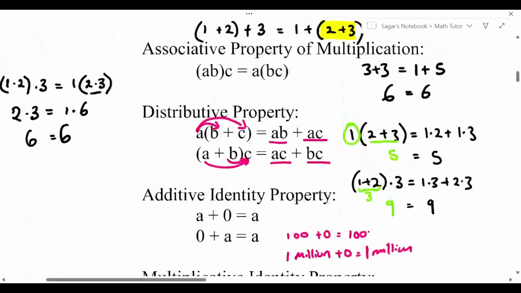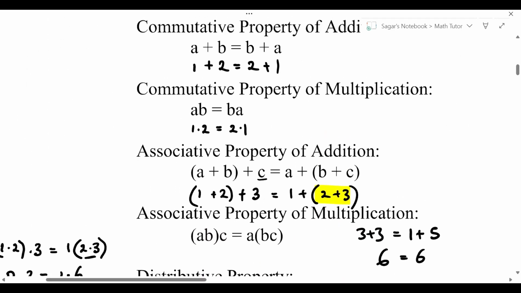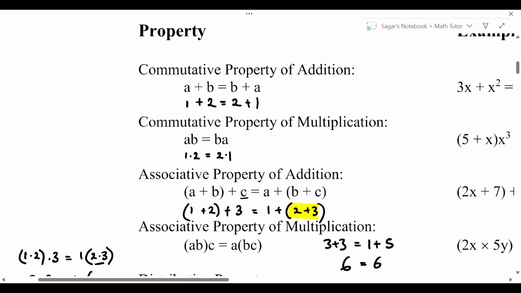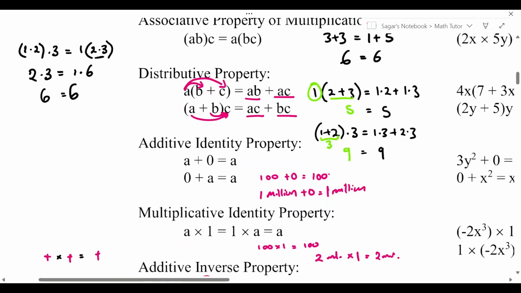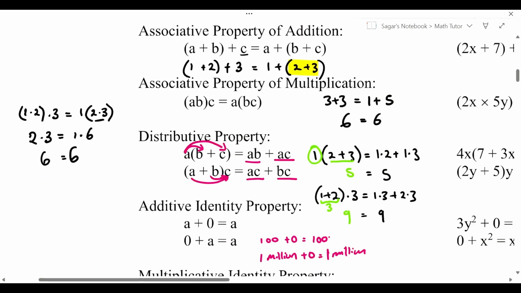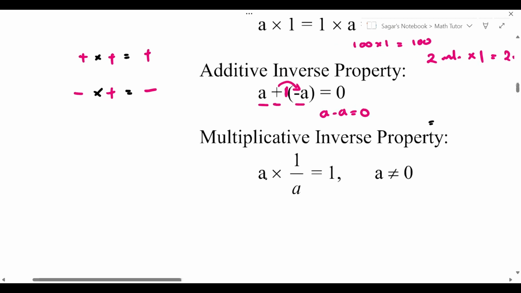Remember which law was that? Okay, anyways, A times B is the same as B times A. So positive times a negative is also a negative. A negative times a negative is a positive.